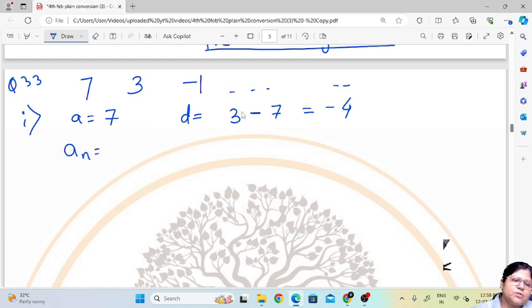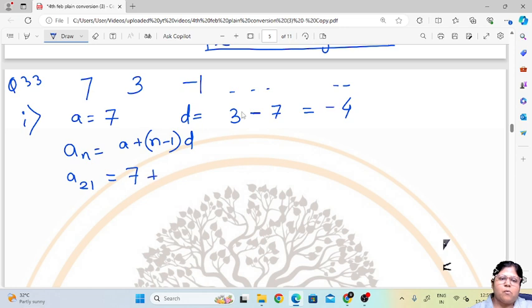An equals a plus n minus 1 into D. So we are finding the 21st term. They are asking what is the 21st term of the AP. So the 21st term is A21, A is 7, n is 21 minus 1 and D is minus 4.